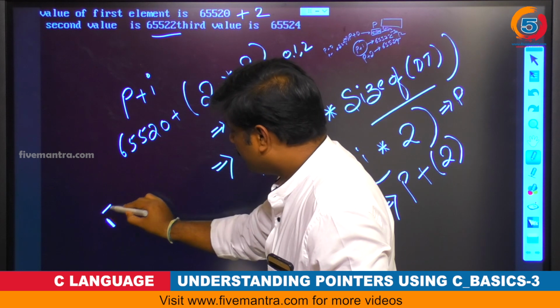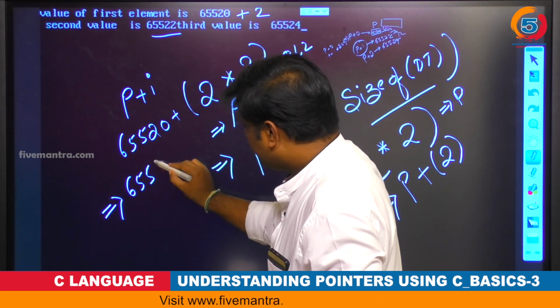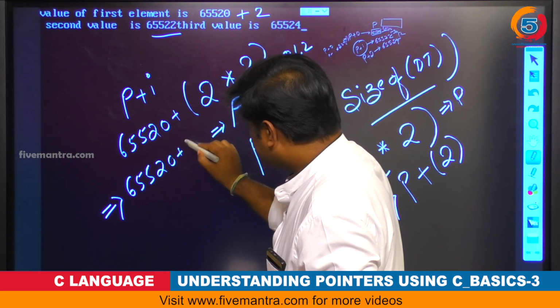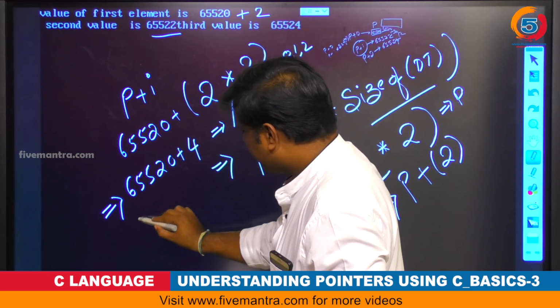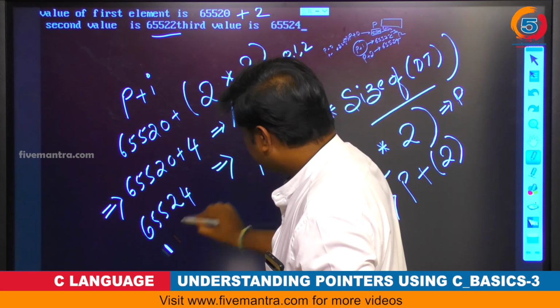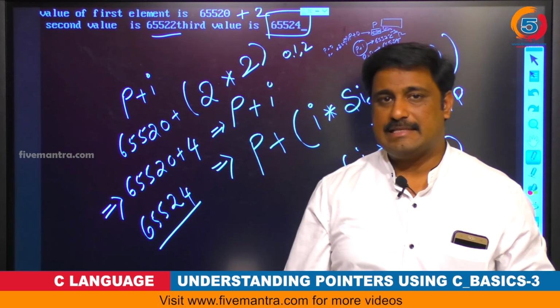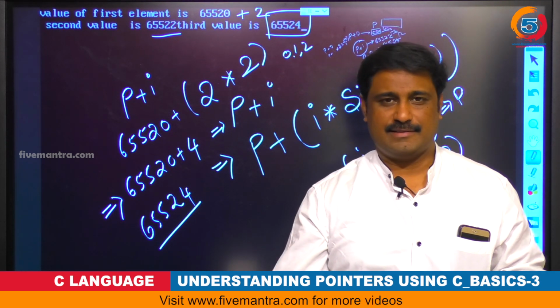Now what is the value? 65520 plus 4, that is 65524. That is the third block address.